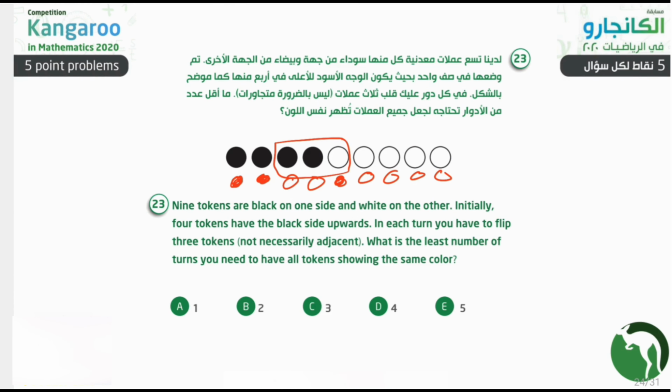After that, we can use another turn to flip these 3, this one and this one and this one, because in the question they are telling us not necessarily adjacent, so we can flip these. After the second flip we will have white, white, white, white, and white. All of them are white. So after 2 turns, and B is the correct answer.